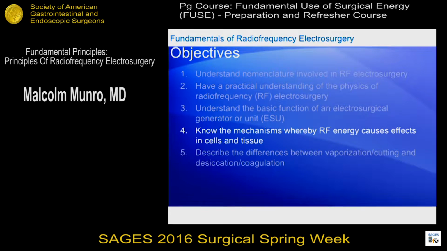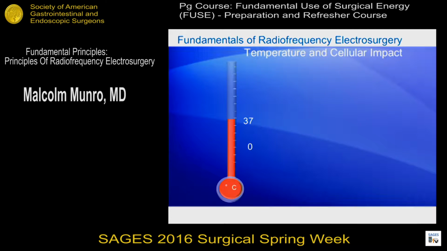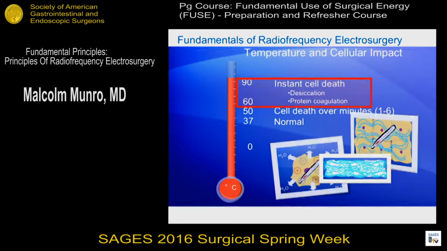Okay, so how does radiofrequency electricity cause these effects in tissue? If we think of our basic temperature of 37 as normal, up to 50, nothing much happens. But at 50, we will get cell death in about 6 minutes. And at 60, we'll get instant cell death.